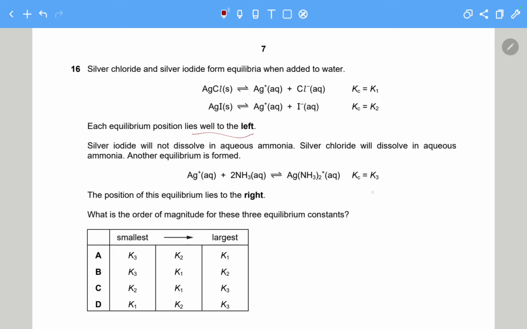So you know that because silver chloride is dissolving in ammonia, K3 is going to be large because the equilibrium lies to the right. The more the equilibrium lies to the right, the larger the value of Kc.